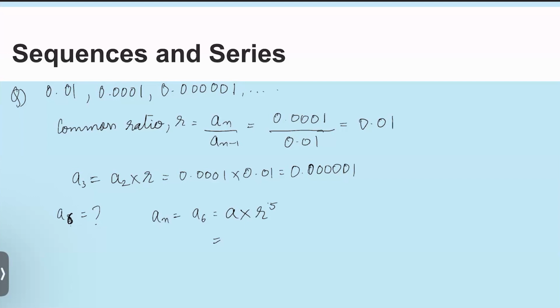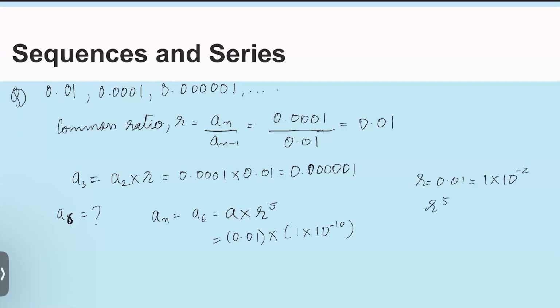So what you will get is your A is 0.01, and this you will get as actually 1 multiplied by 10 raised to minus 10. Okay. So suppose you have R equals 0.01, you can write it as 1 into 10 raised to minus 2.